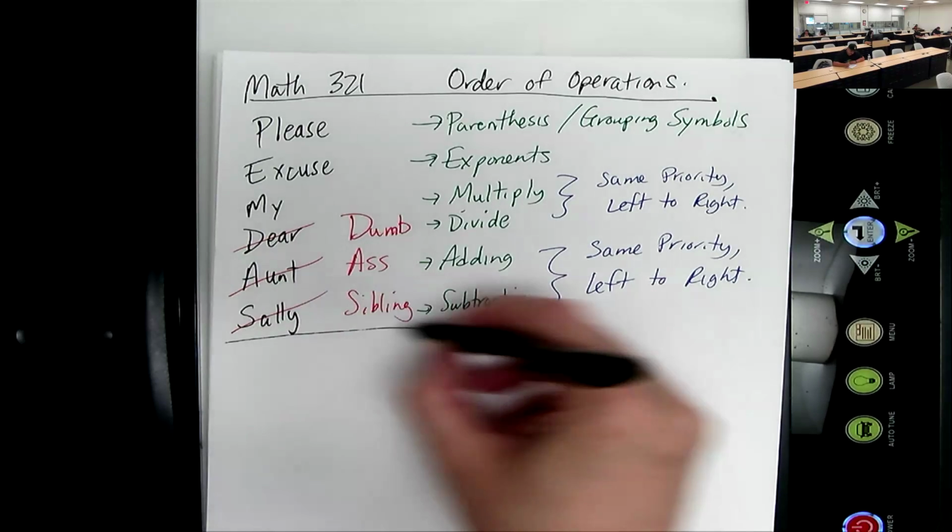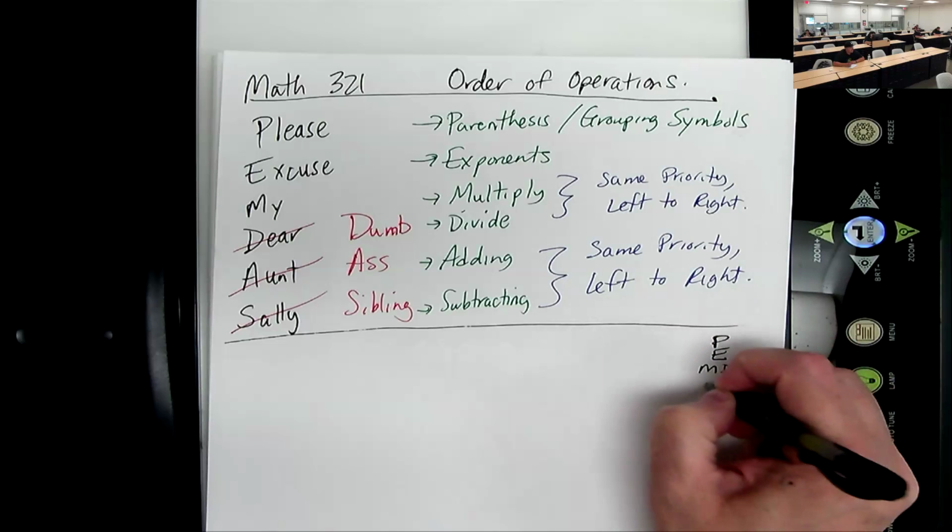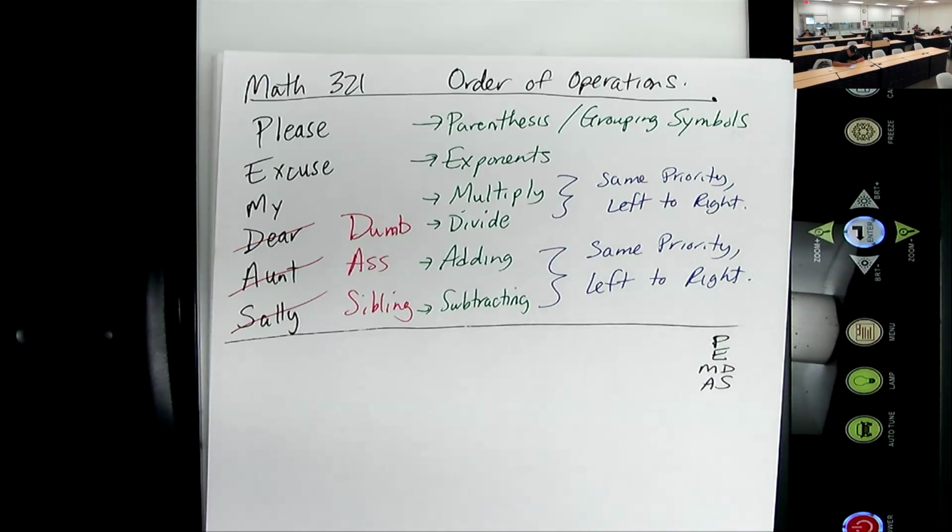If you've got a complicated enough problem, it's worth writing down the initials. And I do MD and AS next to each other when I'm doing it, if I'm crossing them out.